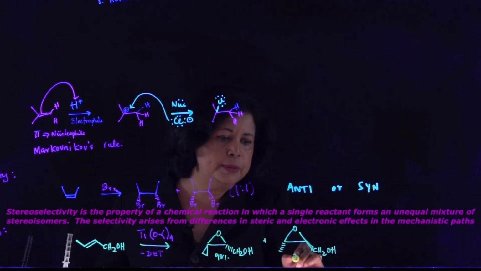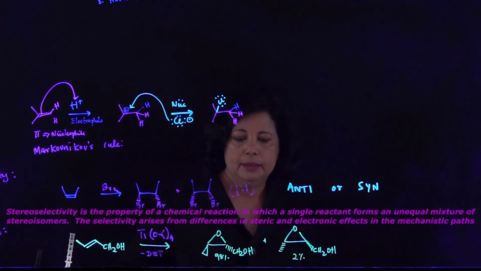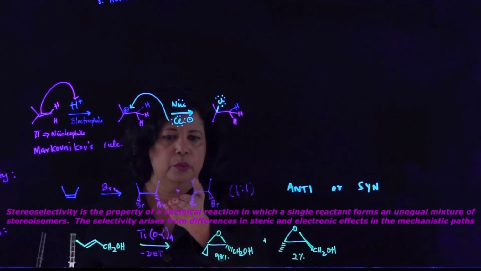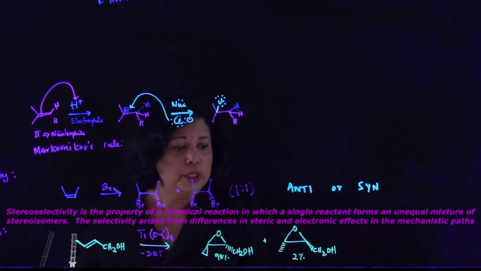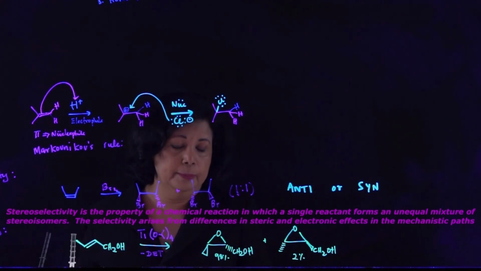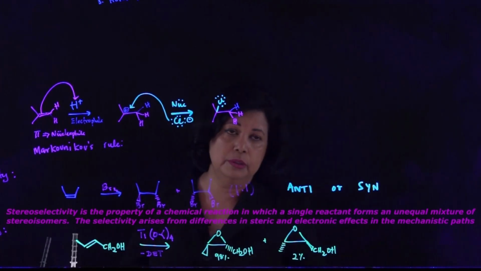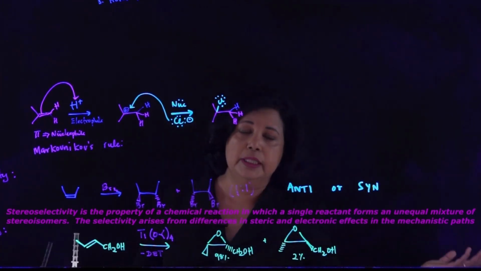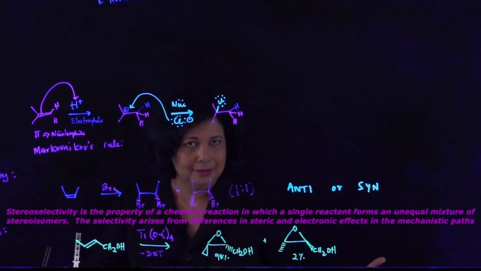This would be 2%. This was a huge breakthrough at that time because most reactions would give a racemic mixture if they were enantiomers. You would also see a lot of examples like that when you have diastereomers. You can have diastereoselectivity. One diastereomer is formed in a much larger amount than the other due to steric or electronic reasons within the molecule.